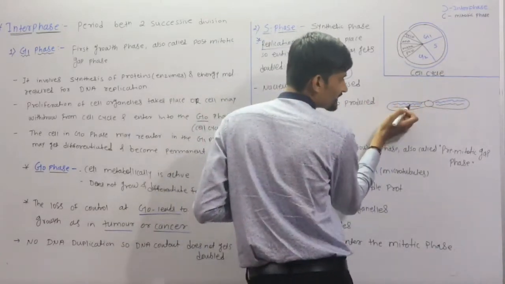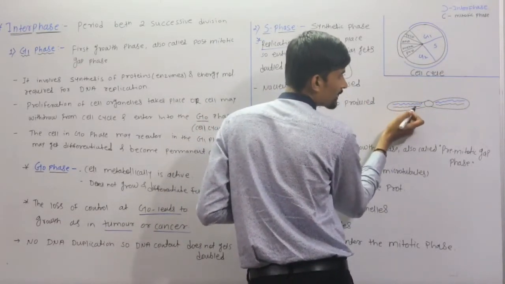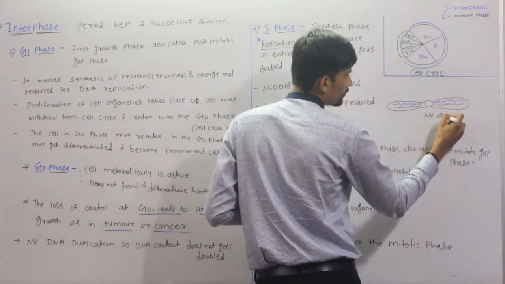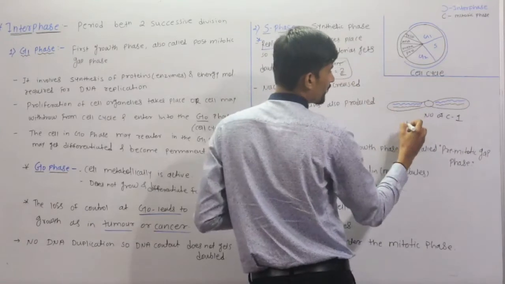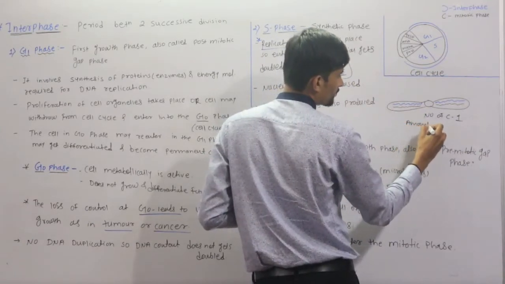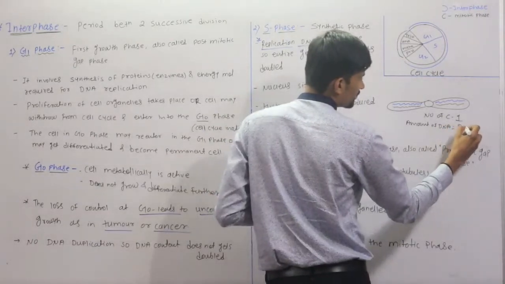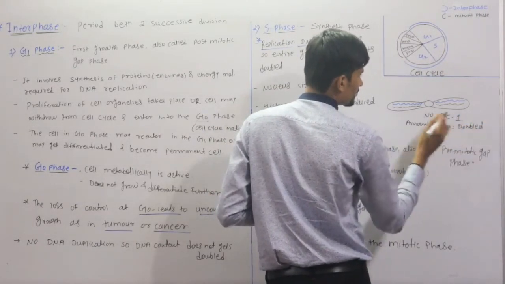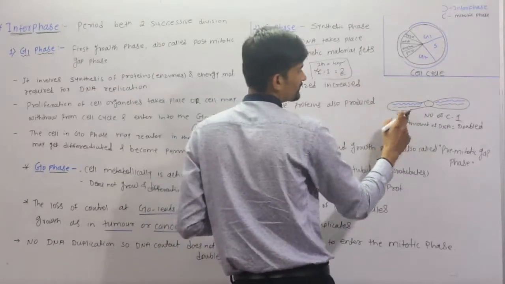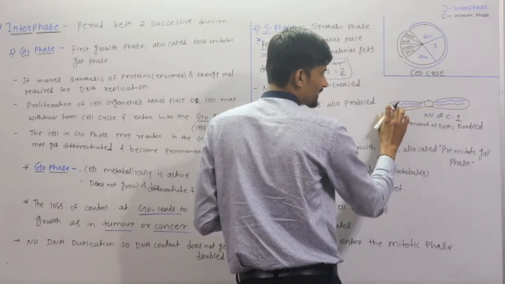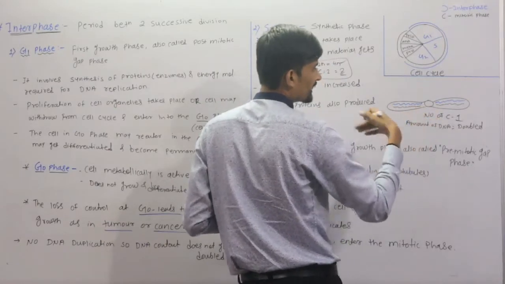So now the amount of DNA is doubled but the chromosome is 1. The number of chromosomes is 1 but the amount of DNA gets doubled, because there is no separation. After the separation of these chromatids, the number of chromosomes will double.